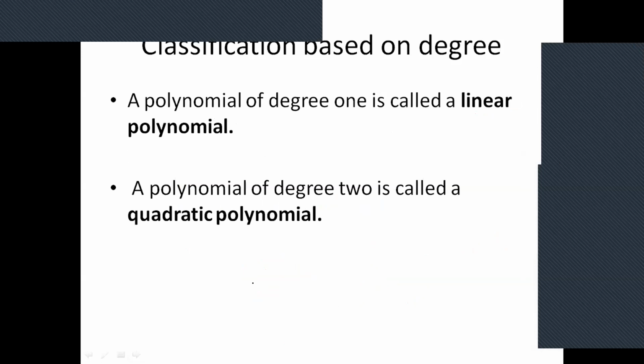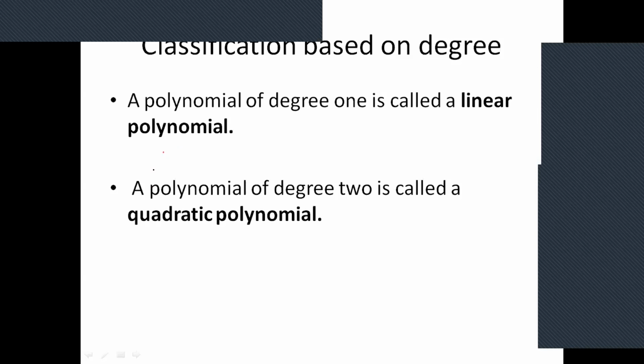We have the first one, which is called the linear polynomial. Now, what is this linear polynomial? A polynomial which has the degree 1 is called a linear polynomial. For example, anybody can give me an example? Yes, some of them have answered.